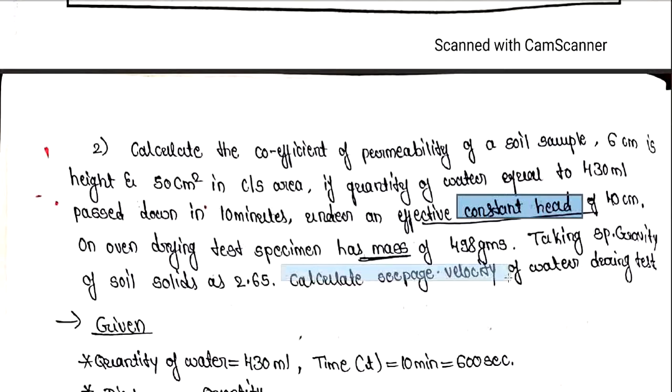So they have asked us to calculate the seepage velocity also. Just forget about that seepage velocity first. First let us calculate the coefficient of permeability, then we can calculate the seepage velocity.